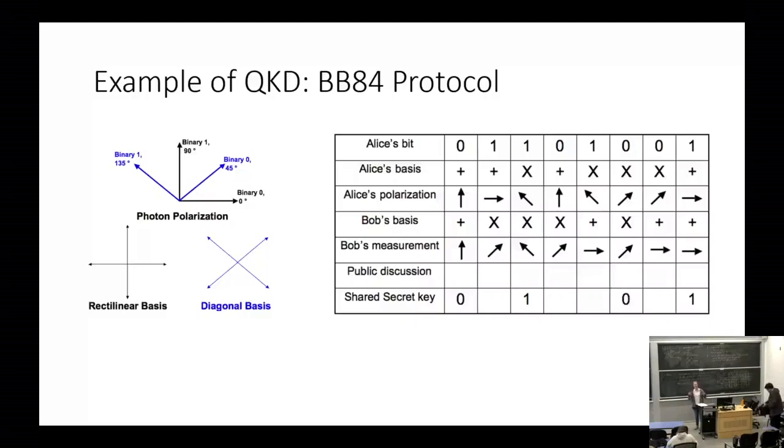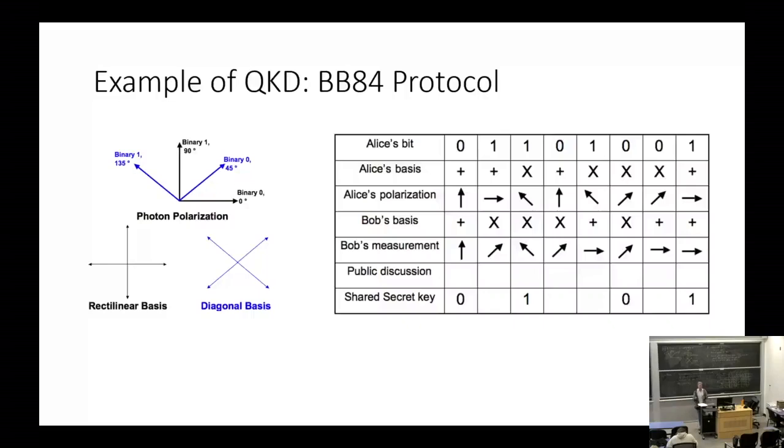What we're going to do is define our bit in the polarization state of a photon. And the polarization state can be in two different bases. So we can have our binary 1 in a 90-degree rectilinear basis, and our binary 0 in that same rectilinear basis.